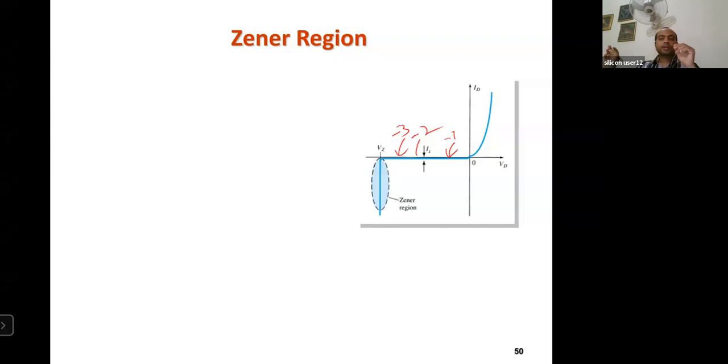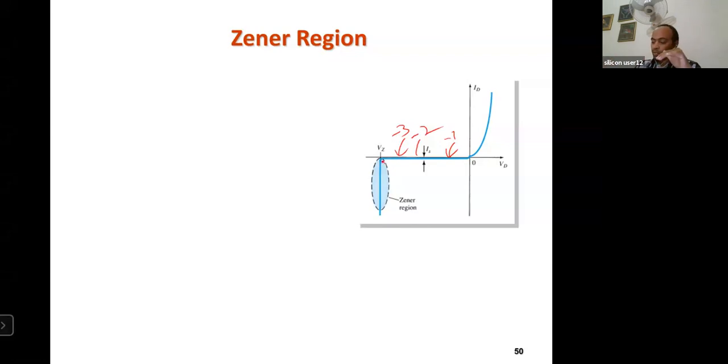So a minority carrier with a high kinetic energy may go and bombard a stable atom. When it bombards the stable atom, that stable atom will break down and make an electron-hole pair. Like this, one point will come where a lot of such electron-hole pairs will be created, and those will help to increase the reverse saturation current.